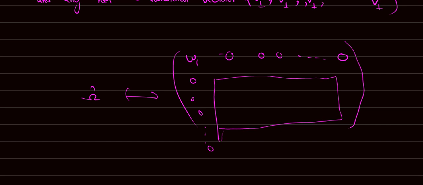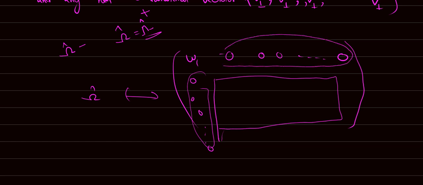The first column is just the image of omega 1 after omega has acted on it. So it must be 0 everywhere else, and for Hermitian operators, because of Hermiticity, the first row must also be 0.